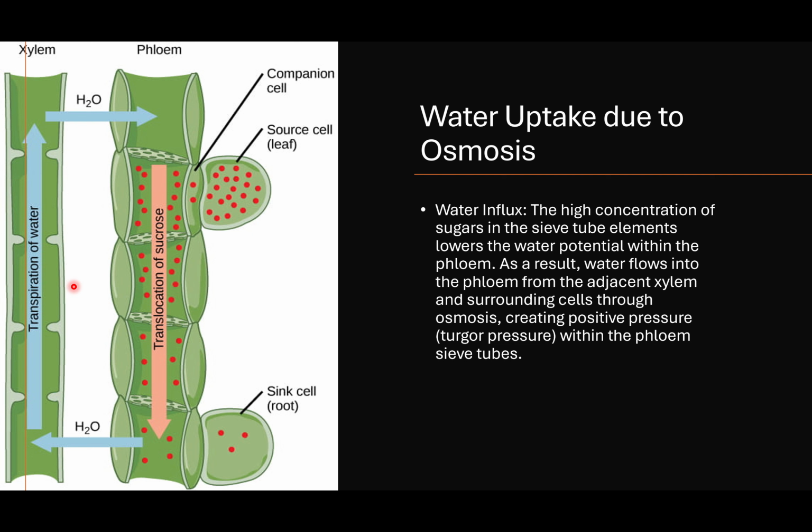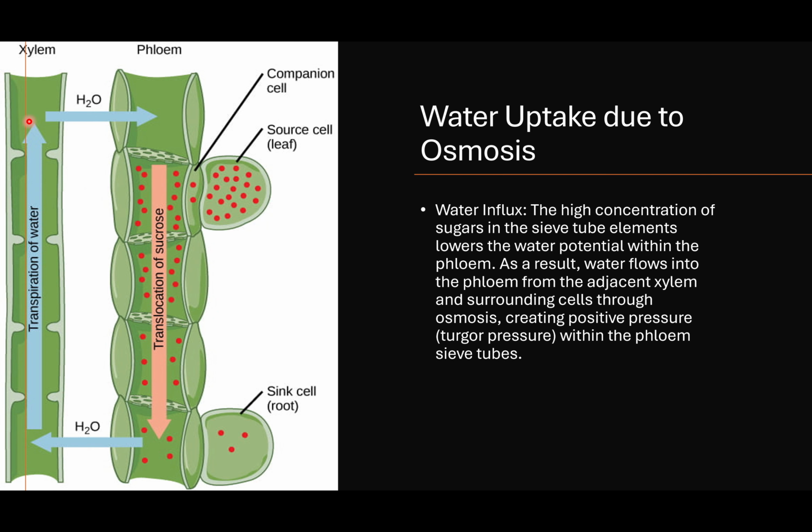Okay, so remember, when we have high solute concentration, that will lower the water potential. And water moves from high water potential to lower water potential, right? So here, there's way more solute than water.